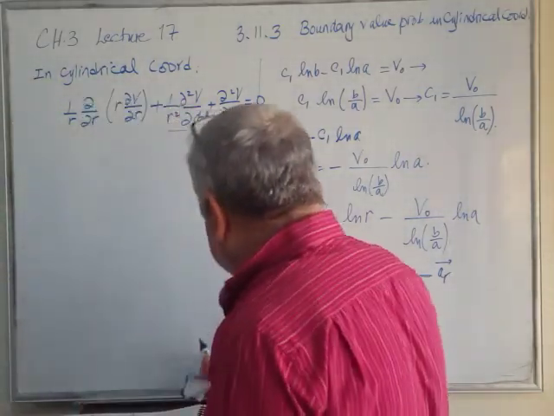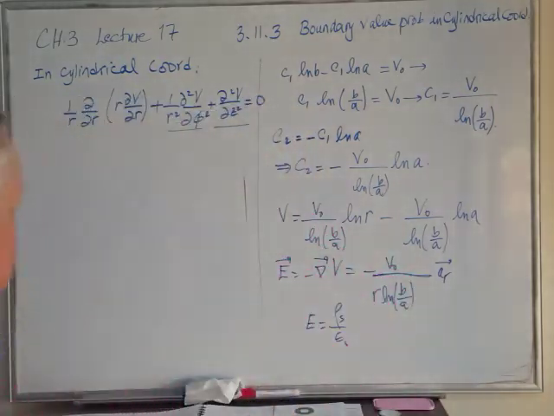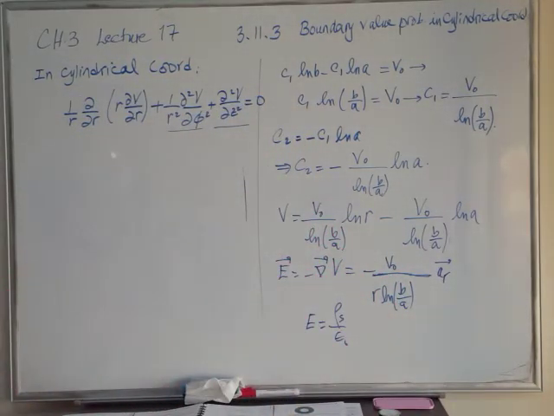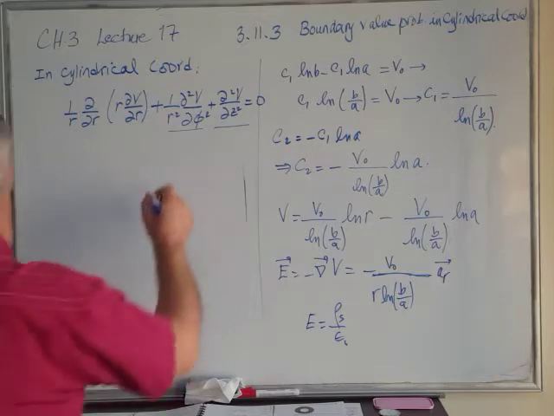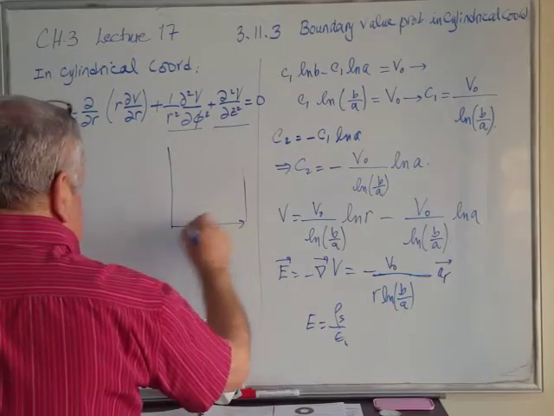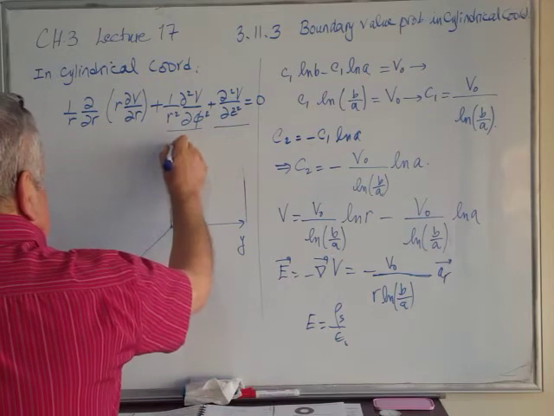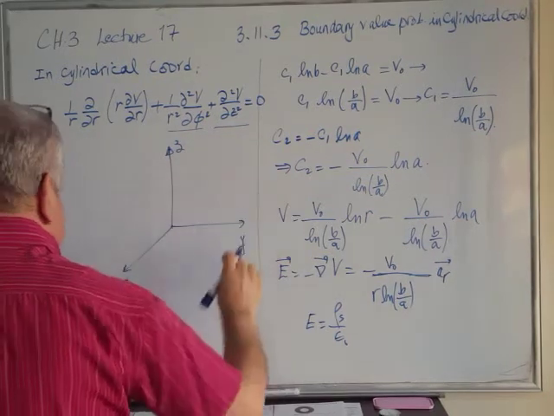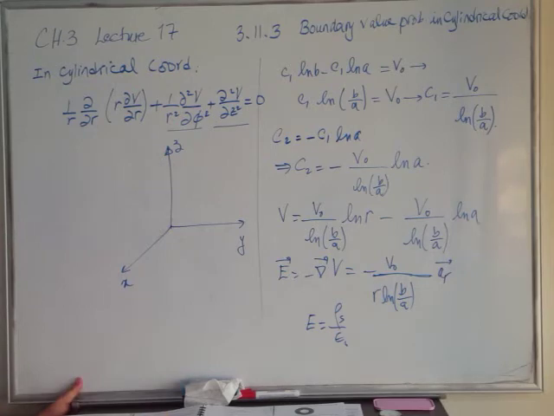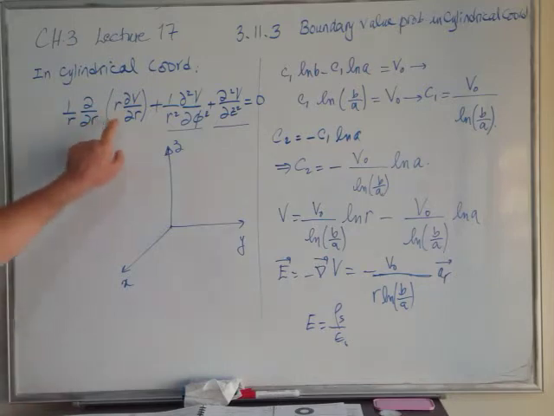Now, the second case, try to think of a geometrical situation where you have, let me draw the system of coordinates x, y, and z. Now, how would the two conductors be in order to solve Poisson's equation or Laplace's equation with symmetry in r and z and variations with respect to phi?